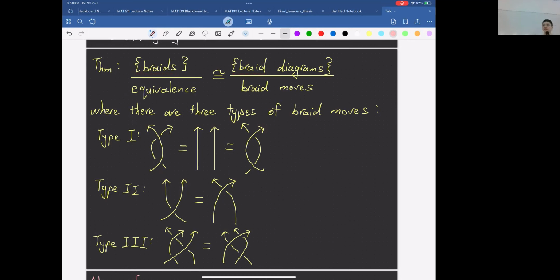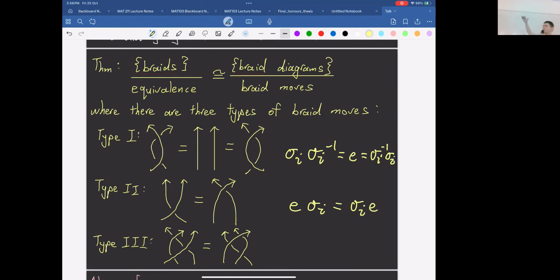Identity times switch equals switch times identity. So let me write down the algebraic expression here. For example, the first one corresponds to sigma i inverse sigma i equals the identity. The next one: we do sigma i first and then the identity, which equals the identity and then sigma i.